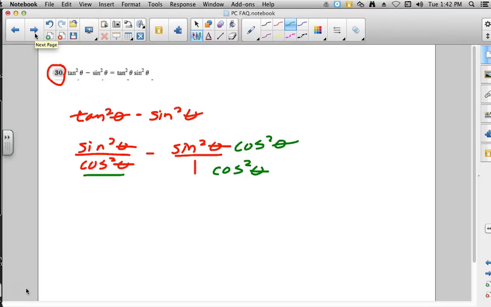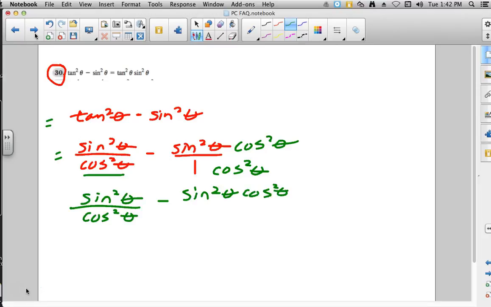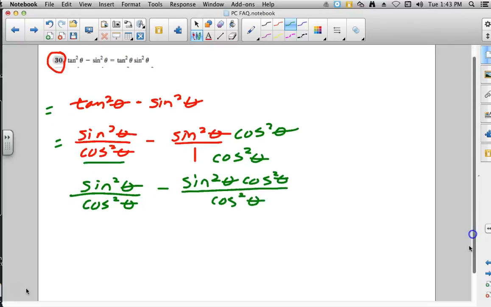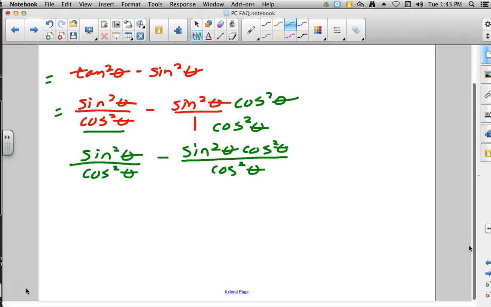So let's see what we have. We will have sine squared theta over cosine squared theta minus sine squared theta cosine squared theta over cosine squared theta, which means we can put those two together. They do have a common denominator now.